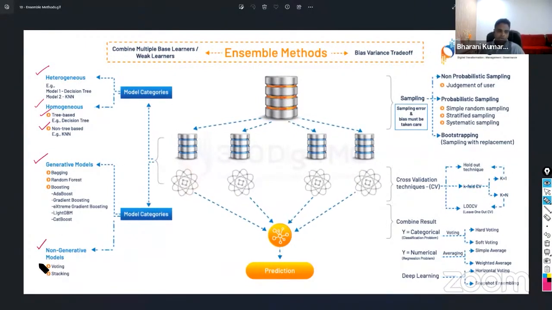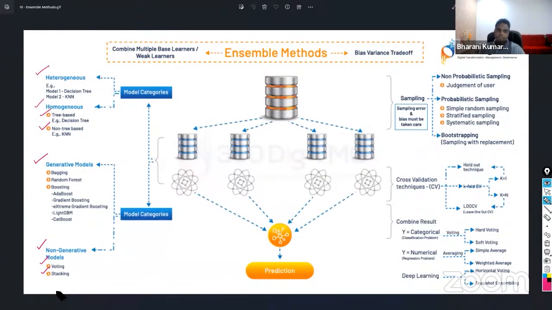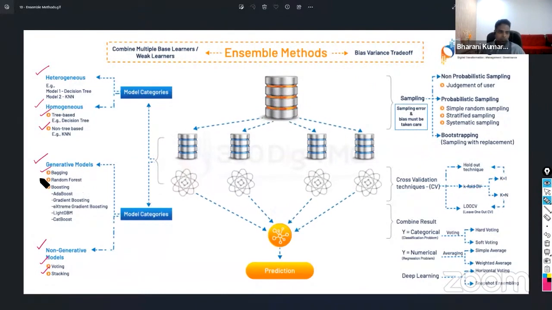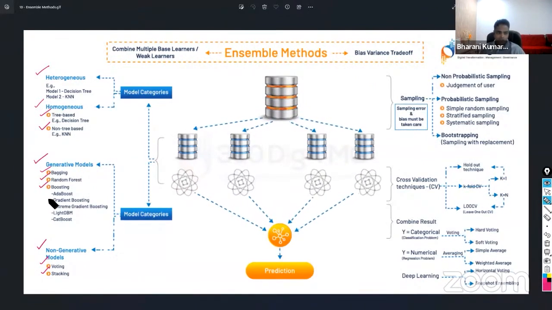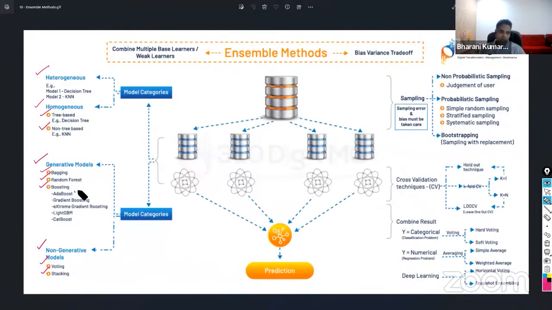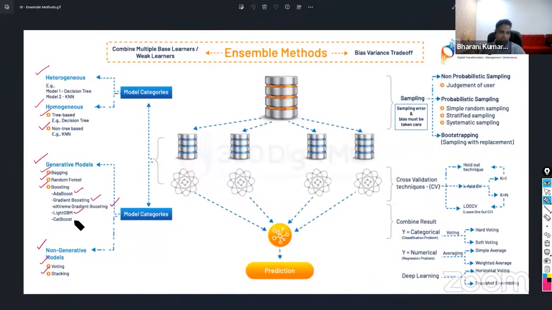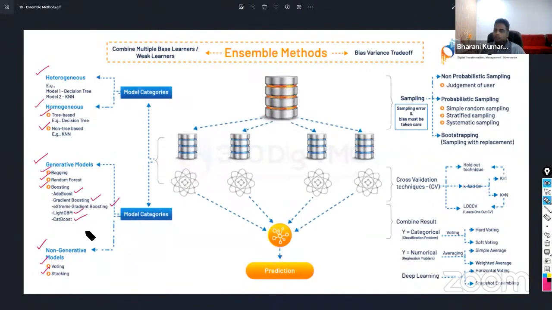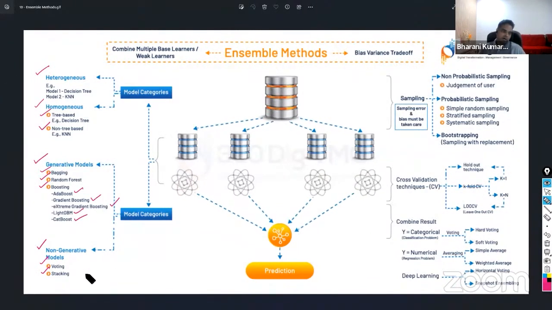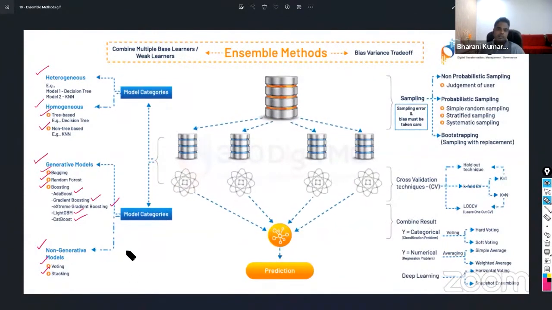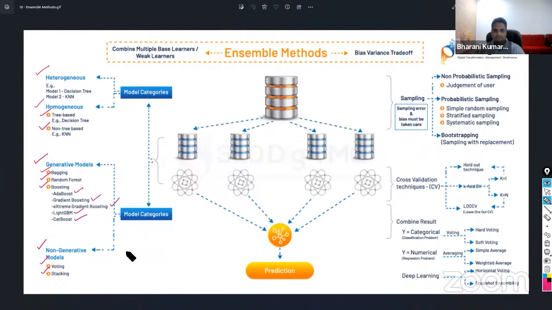Within non-generative models, we have voting and stacking. When it comes to generative models, we have bagging, random forest, and boosting. Within boosting, you have AdaBoost, gradient boosting, extreme gradient boosting, LightGBM, and CatBoost. So these are algorithms which belong to the family of ensemble techniques. Over to you, Nitin.